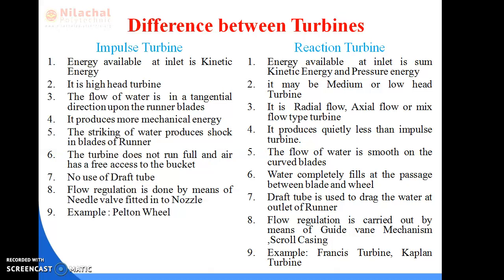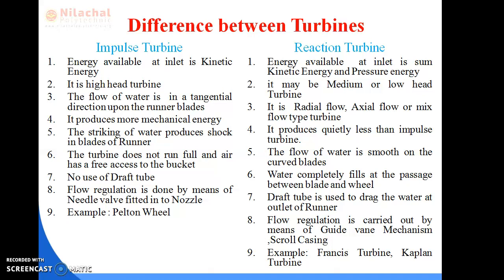As earlier we have discussed what is an impulse turbine and a reaction turbine, but now we have to give the accurate differentiation between the impulse turbine and reaction turbine. First of all, what is an impulse turbine? What is a reaction turbine? It is based upon the availability of water energy at the inlet of the turbine.